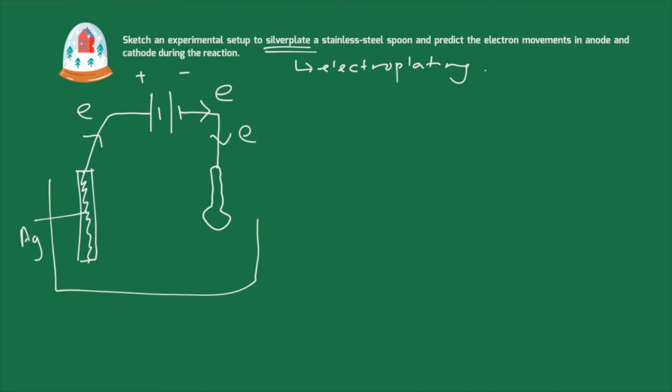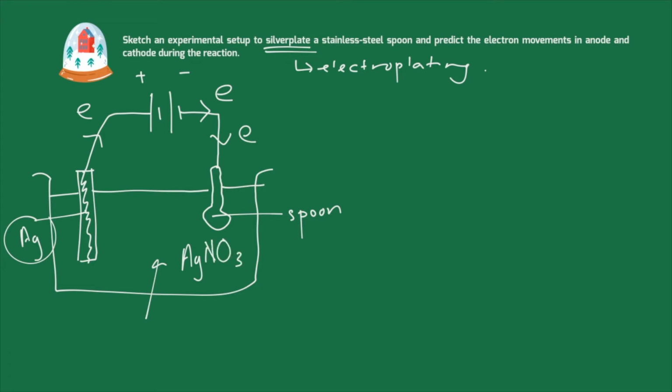You definitely need to put your electrolytes here. This one is your spoon. Because this one is silver, we are going to use argentum nitrate as your electrolytes. So this is the first part of the thing.